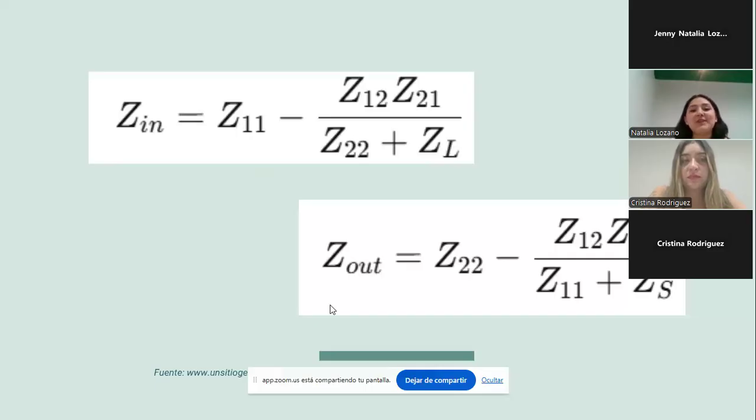Z parameters find application across electrical and electronic engineering. In RF systems, for instance, they help model impedance mismatches and reflection coefficients. In amplifier design, they allow engineers to predict how the amplifier will behave when connected to a specific source or load.